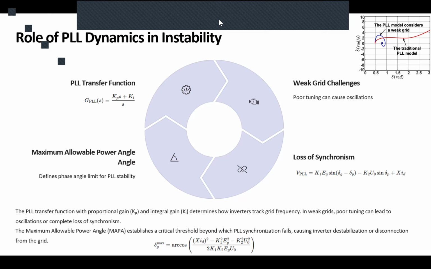Okay, now if you have a not properly tuned PLL and you have the weak grid, the two combined with each other create a nonlinear oscillation.